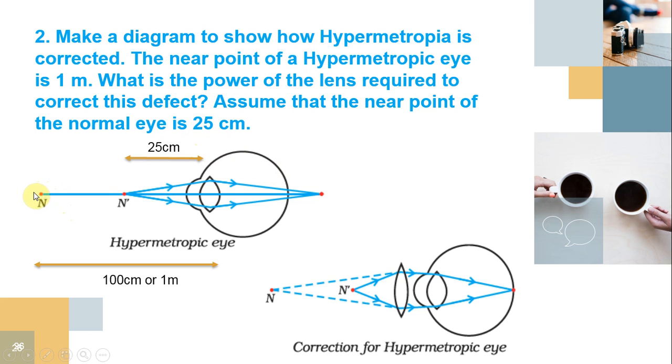So the distance between N and the eye lens is equal to 1 meter or 100 centimeter. Now we need to correct the near point vision by using a convex lens. After wearing the convex lens, the near point vision is corrected and the image is focused on the retina.